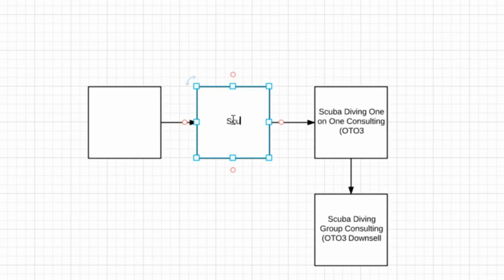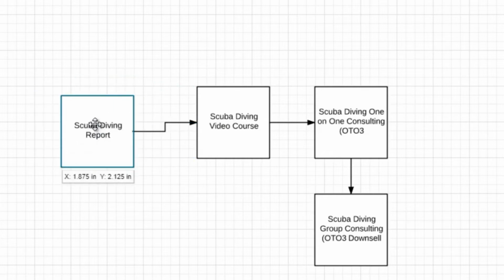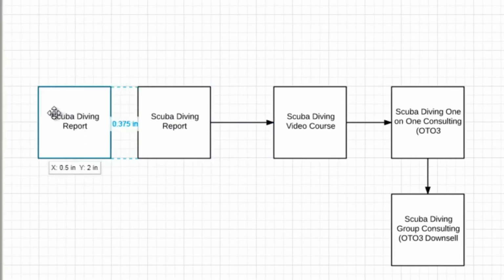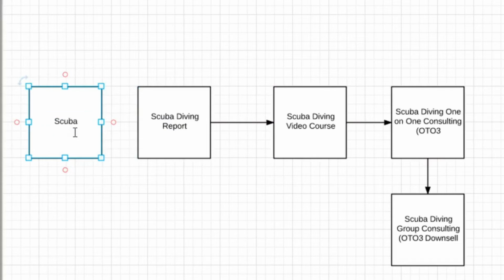So that could be a scuba diving course, we'll say video course. And then if we take a snippet of the course over here, this could be a scuba diving report. And then we can move back again over here. And this could be something like a scuba diving checklist, like a diagnostic test or something.